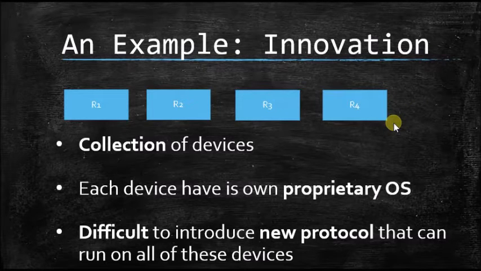Just imagine that you have invented a new protocol which is very fast and efficient at finding routes. Even though this protocol is very fast, it will be extremely difficult to get each of these vendors to run this protocol on their OS.